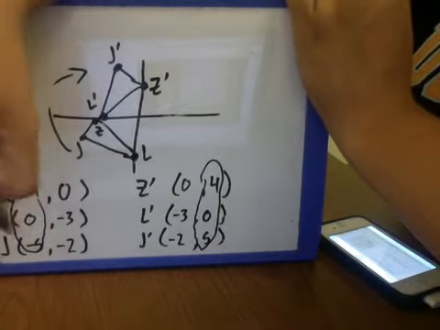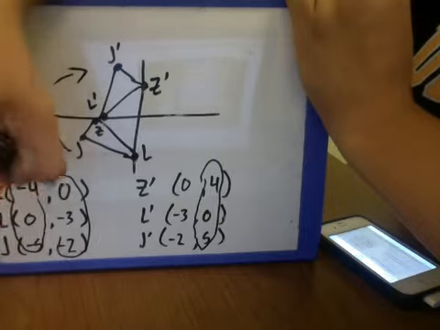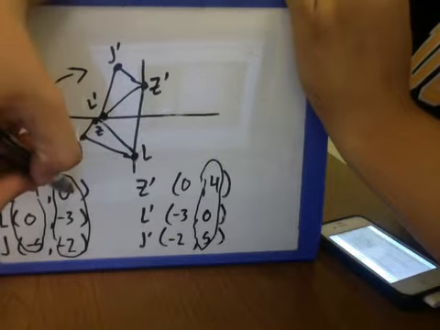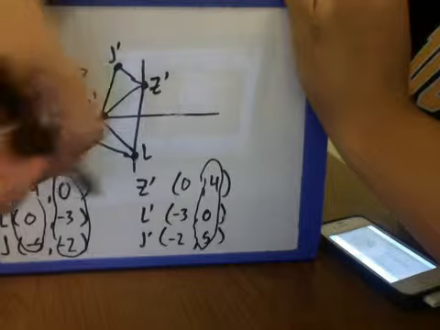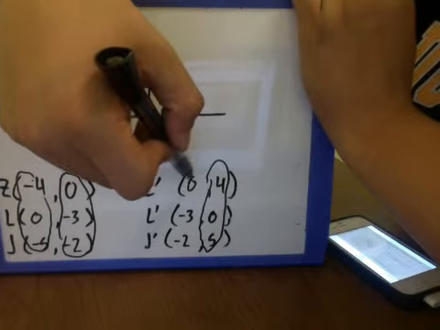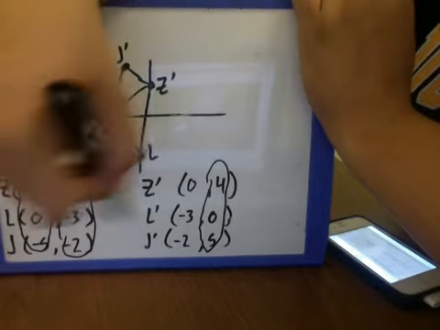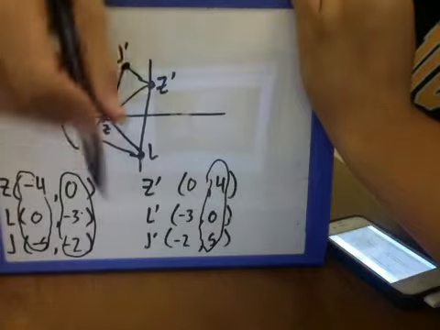And those would be the x values. The y values, the same thing. The y values became the x values. They stayed negative. -3 stayed negative, -2 stayed negative.